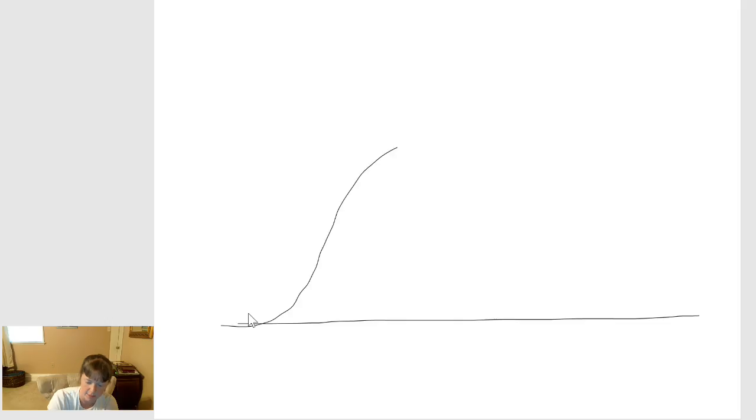The standard normal distribution is bell-shaped. Right? You've turned things into z-scores, and so the average is going to be 0.